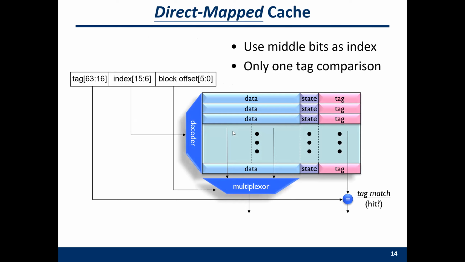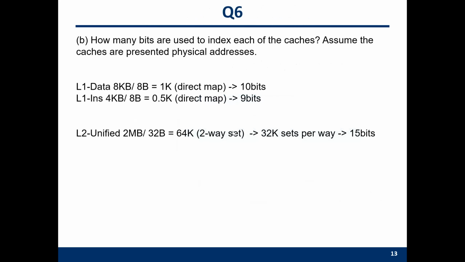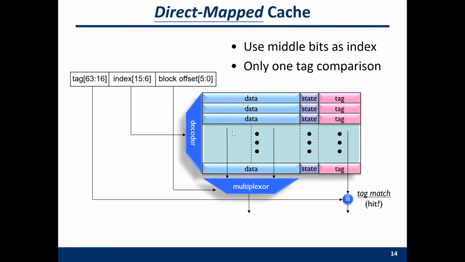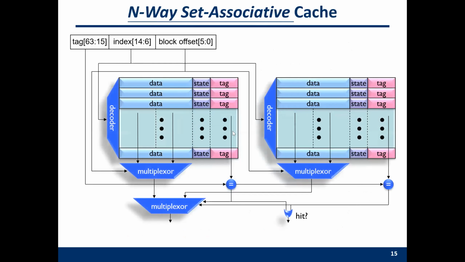And all the other bits are used as the tag. So this is the case for the direct mapped cache.